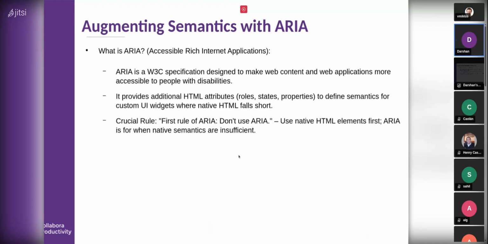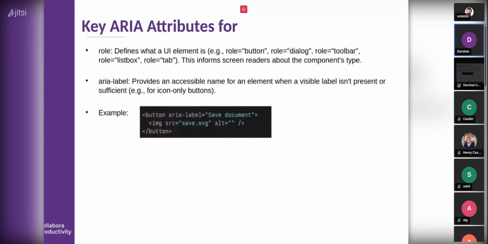So this is the normal example which I want to convey. Here is the role. The role tells the assistive technologies what the custom UI element is. Is it a button? Is it a dialog? Or is it a toolbar?